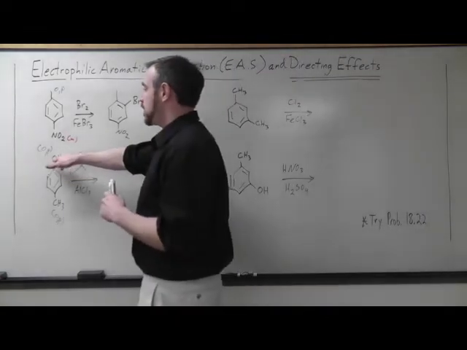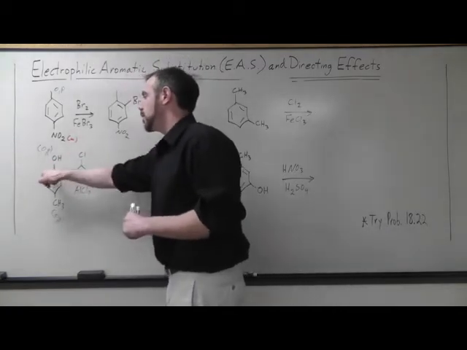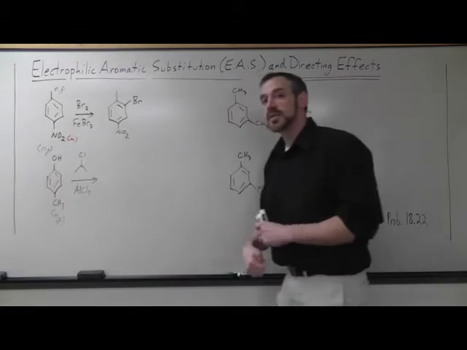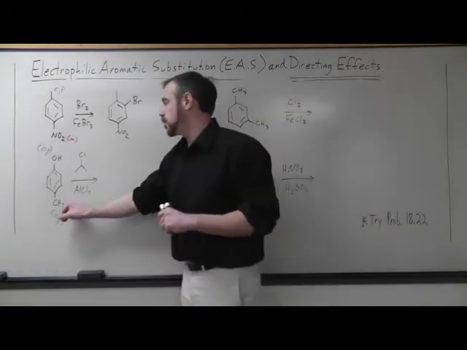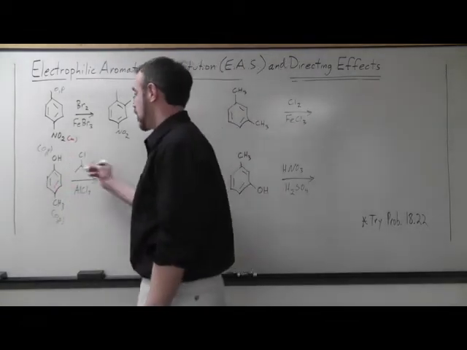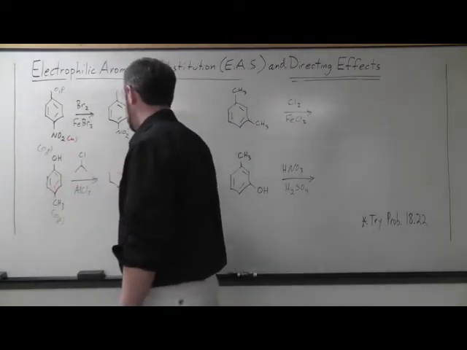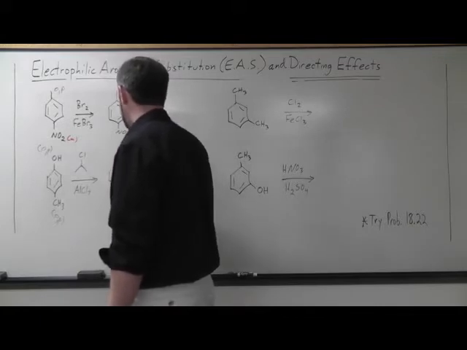And so this will be a stronger one, and it stabilizes the positions ortho to it for reaction, or it activates those for reaction, more so than the methyl group activates its ortho positions. So in this case, the stronger donating group wins out in terms of controlling where the substituent is going to go.